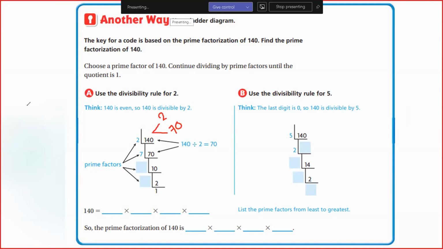Now, why did I divide by 2, not by 70? Because I want to choose a prime factor. When you use the ladder diagram, it's different than the tree diagram. In the ladder diagram, you must divide by a prime factor. So 140 divided by 2 is 70.